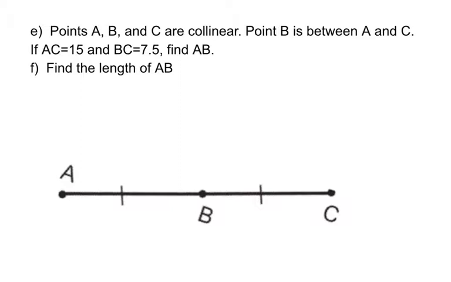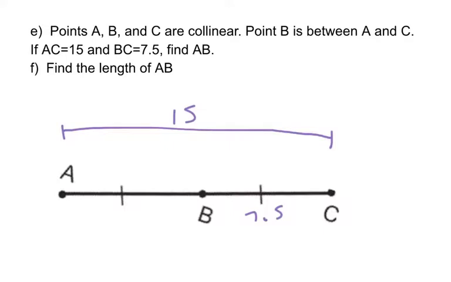Okay, so points A, B, and C are collinear. Point B is the point between A and C. I always try to draw a picture just so you can see it. If they don't have a picture, draw one. Like right here, they're saying from point A to C is 15, and BC is 7.5.